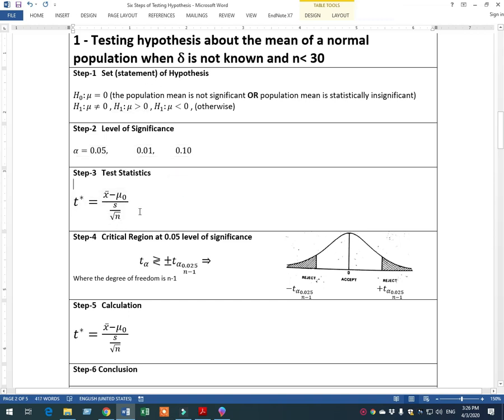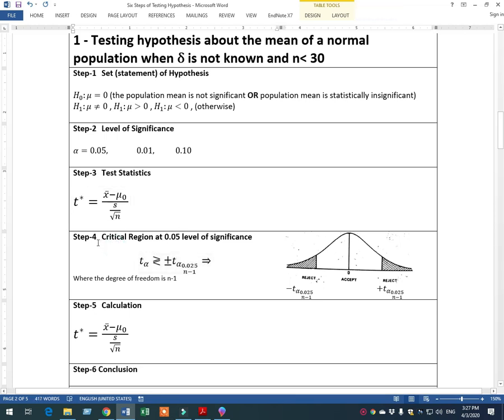In that case, this kind of formula I have given you in the Z distribution as well, but there, rather than the sample standard deviation S, we were using the population standard deviation. Here the population standard deviation is not given to us, so we would be using the sample standard deviation S. If the population standard deviation was known, it would have been used in this formula instead of S.